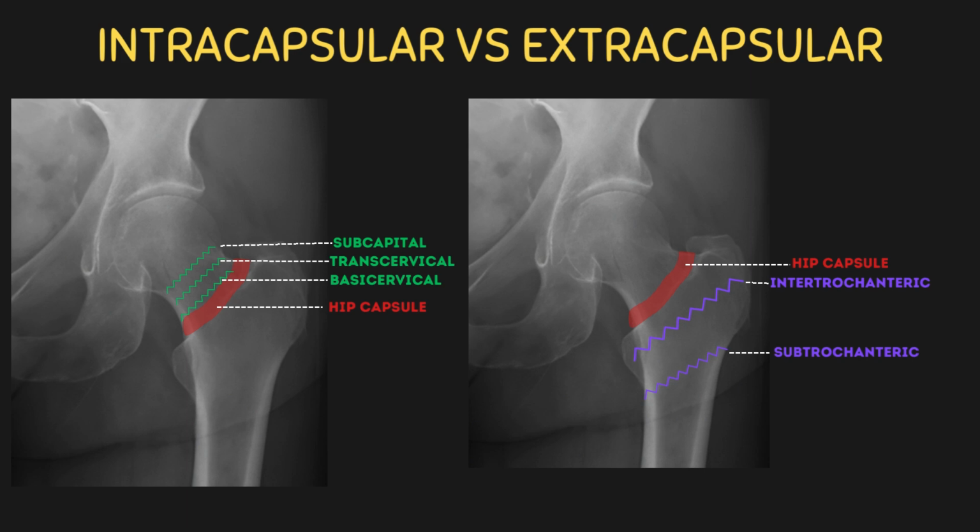Sometimes basi-cervical fractures may be classified as extracapsular as opposed to intracapsular. On the other diagram, we can see the examples of extracapsular fractures such as intertrochanteric fractures and subtrochanteric fractures. The jagged lines on each diagram represent the location of the fractures, and their location ultimately gives them their names. Let's quickly run you through some examples of each fracture type.